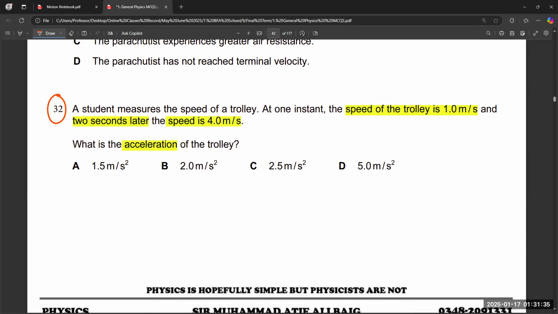Automatically you will get a positive answer. You don't need to suppose by yourself. If you are using the correct formula, you will get exactly the same answer. Because in this question, the speed starts to increase from 1 till 4 meters per second. So it means increasing speed, that is positive.